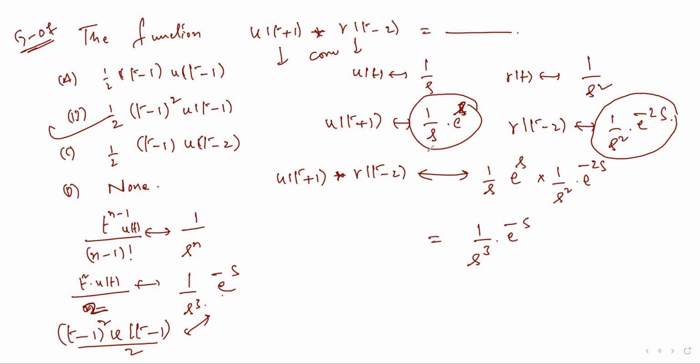GATE 2013 question, right? The impulse response of a system is h of t equal to t u of t.